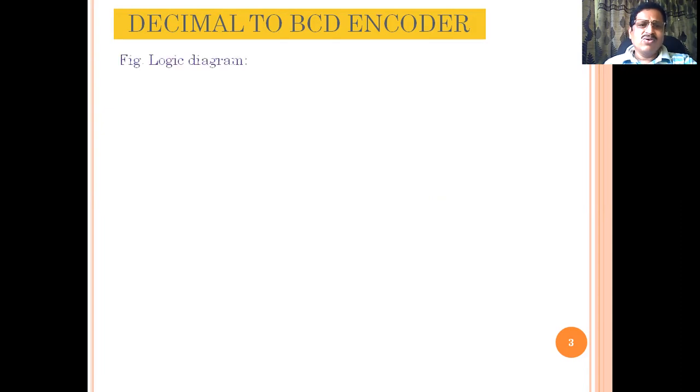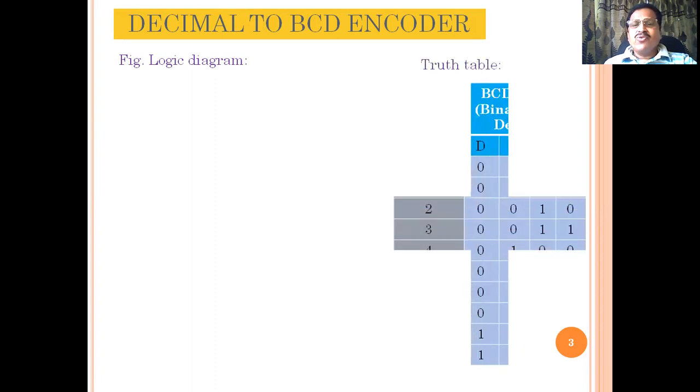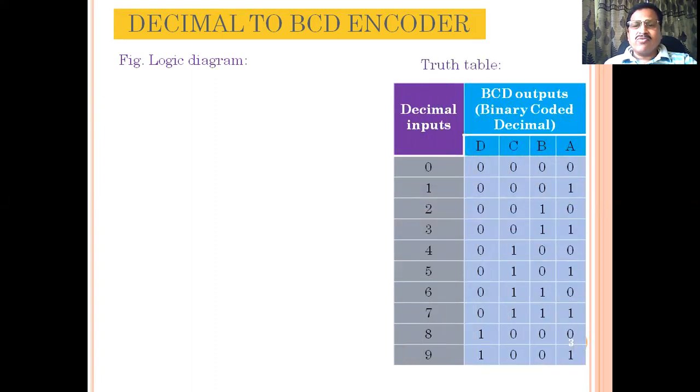Very first, let me have a logic diagram for this type of encoder. But before that, let me have the review of the truth table, which is quite well known to all of you. 10 decimal numbers and the corresponding 10 binary coded decimals, means BCDs.